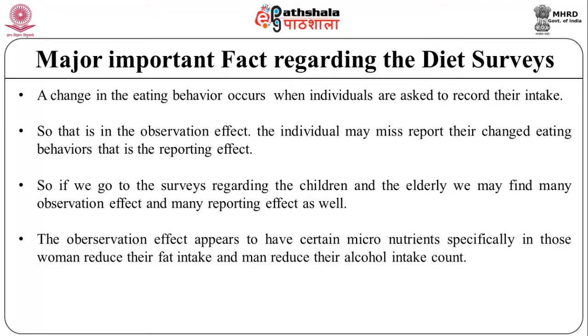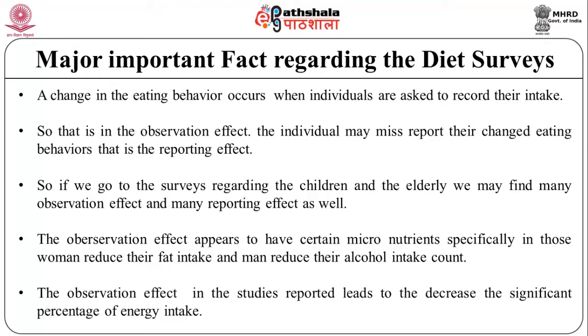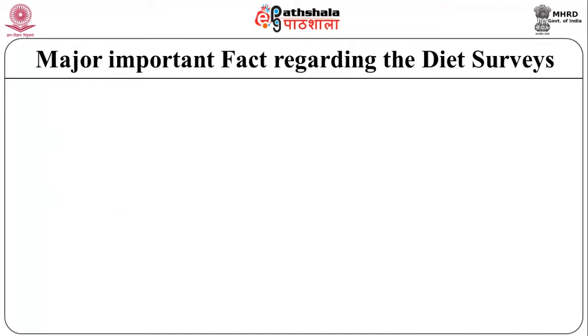The observation effect appears to affect certain micronutrients, specifically in that women reduce their fat intake and men reduce their alcohol intake. The observation effect in the studies reported leads to a decrease of a significant percentage of energy intake.